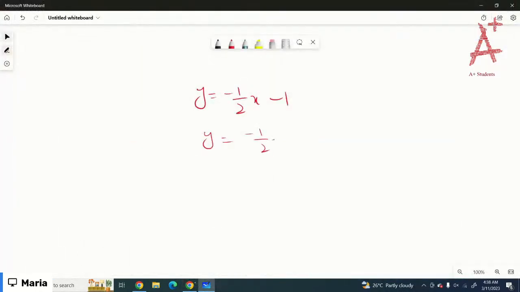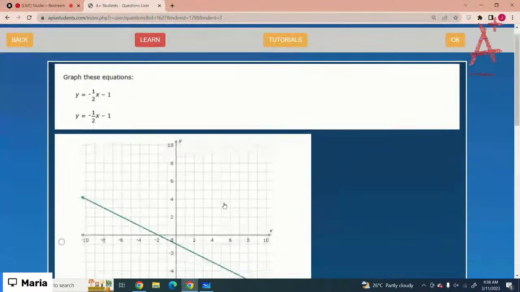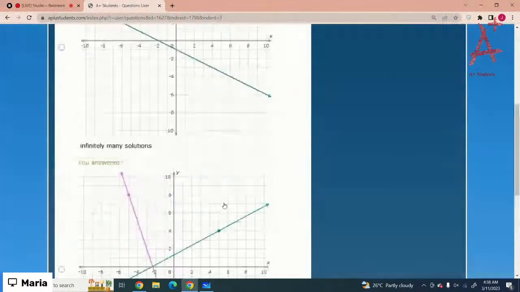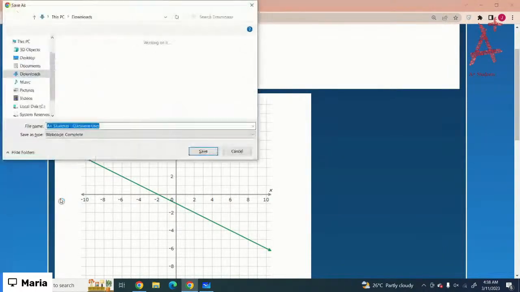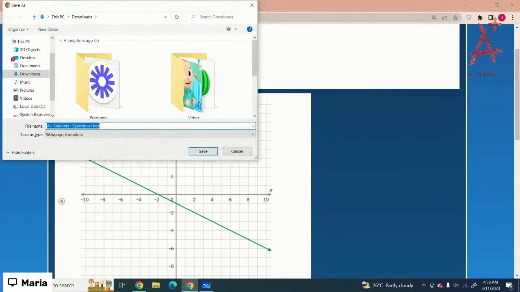So both the lines are exactly the same. They have the same slope and the same y-intercept. That means equation number 1 is the solution of the equation, because both the lines are exactly the same. So the graph has infinitely many solutions. Got it?